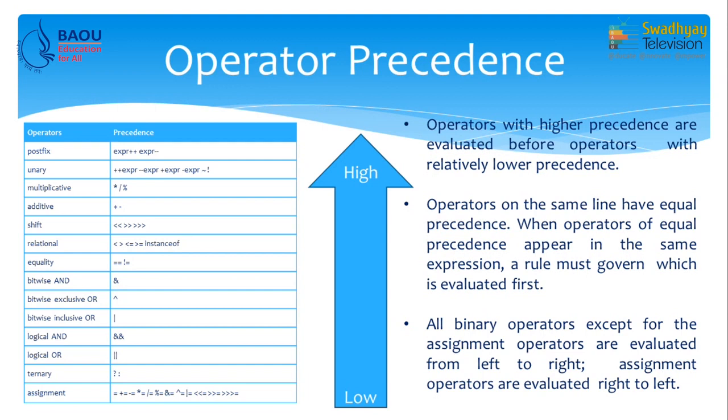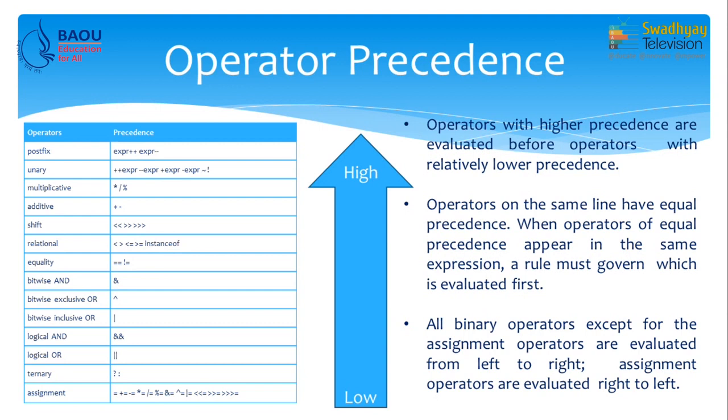On screen you can see the operator on top has a higher precedence, that means postfix operators have higher precedence than unary, and unary operators have higher precedence than multiplicative, and multiplicative operators have higher precedence than additive. And likewise, as you go from top to bottom, the precedence decreases.